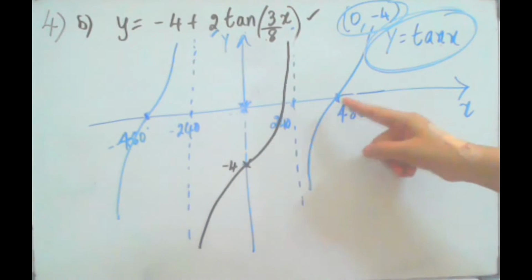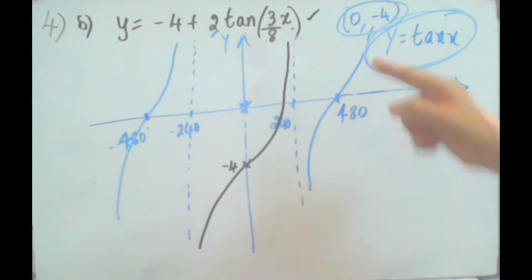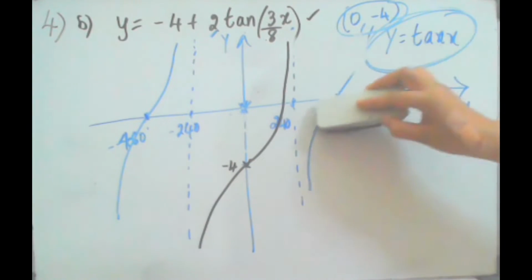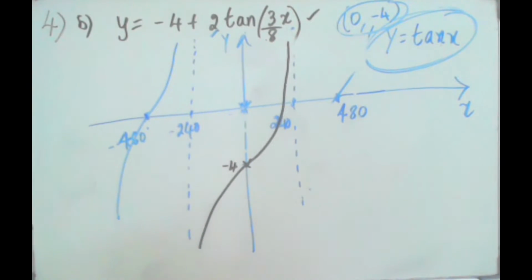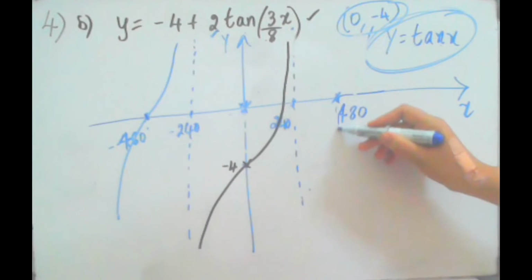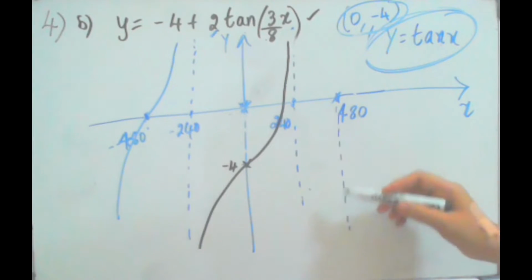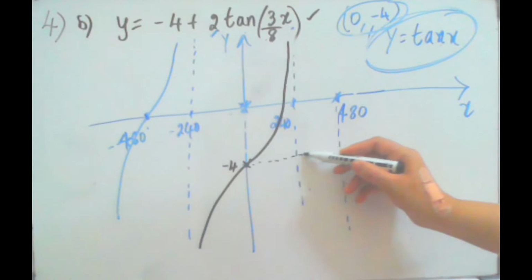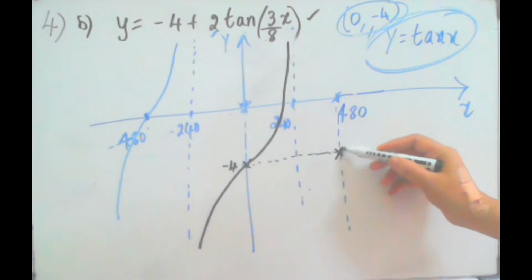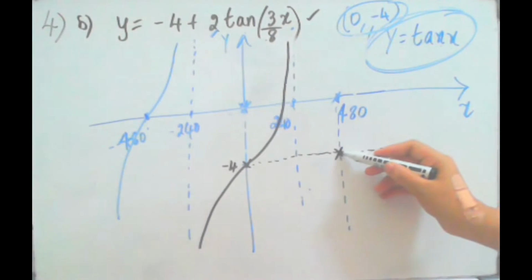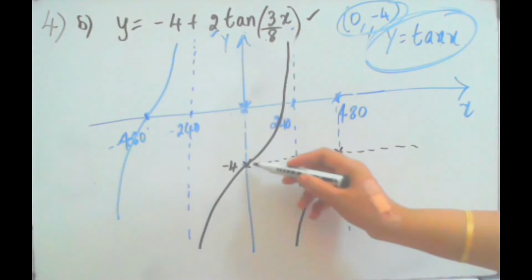Now accordingly this 480 graph will also change. At this period, at this 480 degrees, it is going to be this shape.